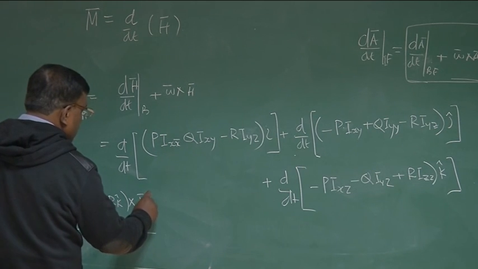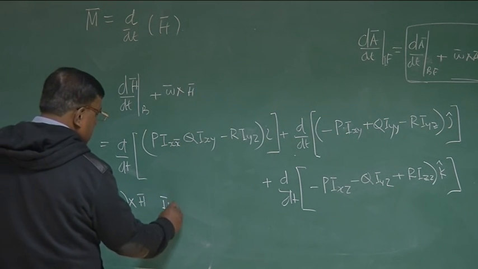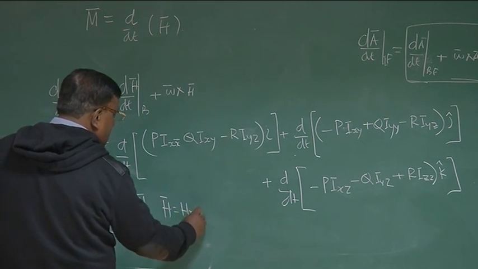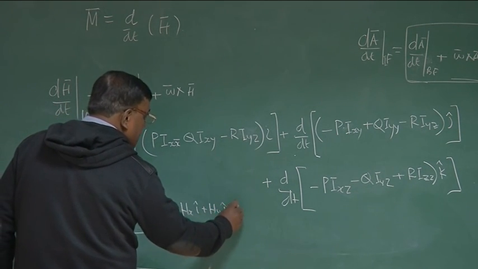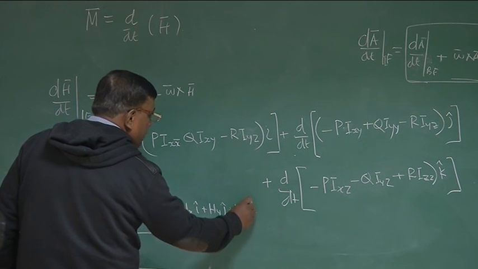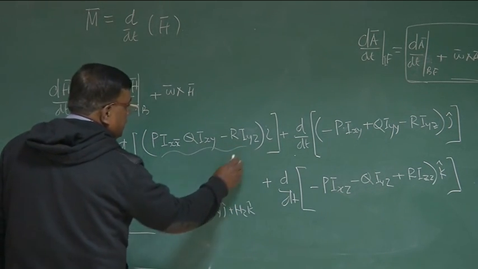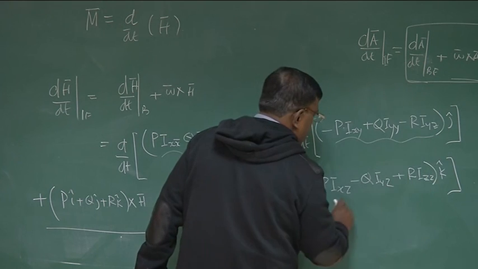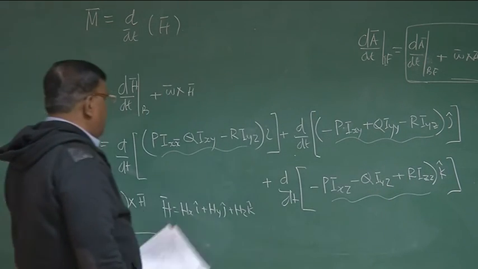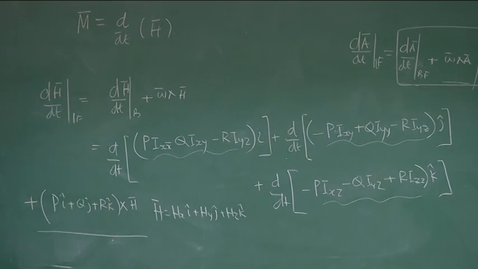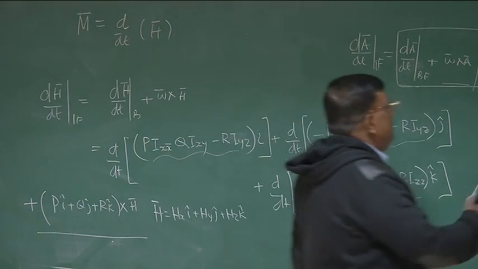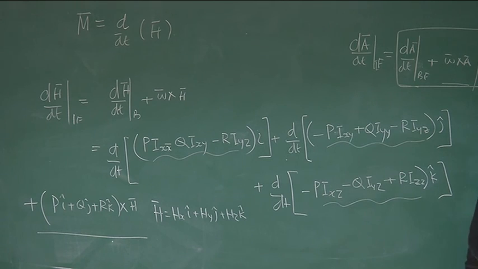It's important. You have to write h as hx i plus hy j plus hz k, and this is nothing but hx, hy, hz, right? You have to put it here and do this operation, and then you will get 6 equations. Let's see what those equations are.